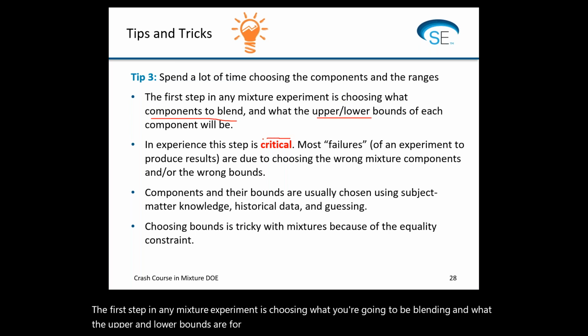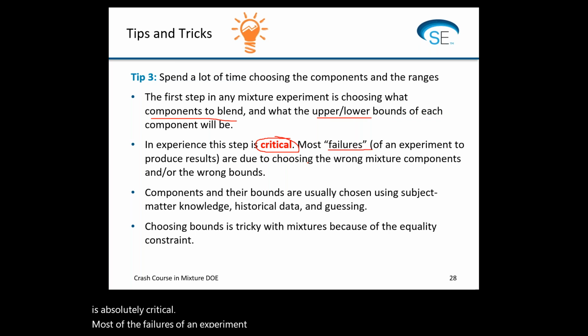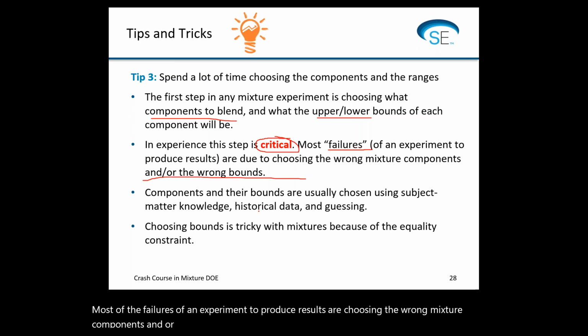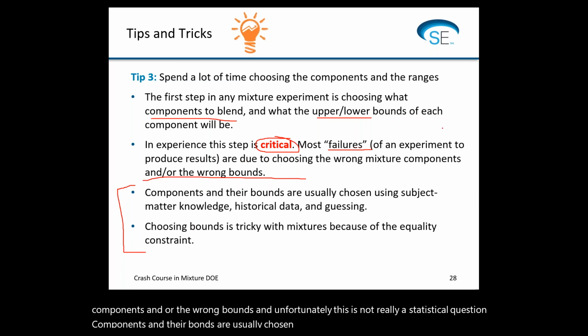And again, as I mentioned before, this is absolutely critical. Most of the failures of an experiment to produce results come from choosing the wrong mixture components and/or the wrong bounds. Unfortunately, this is not really a statistical question. Components and their bounds are usually chosen using subject matter knowledge, historical data, and sometimes just giving it your best guess.